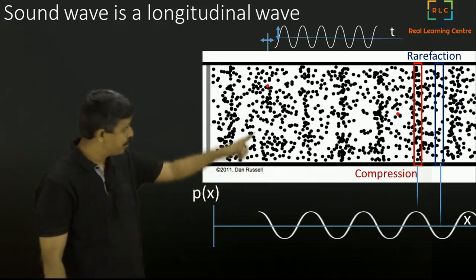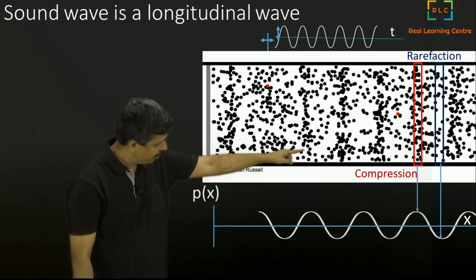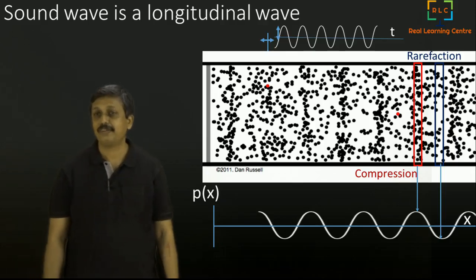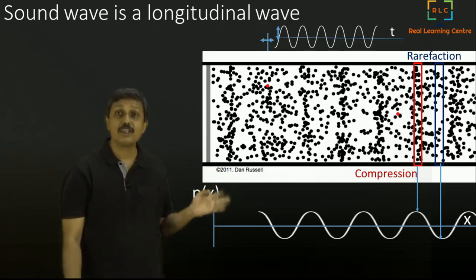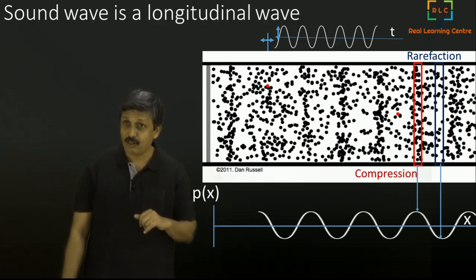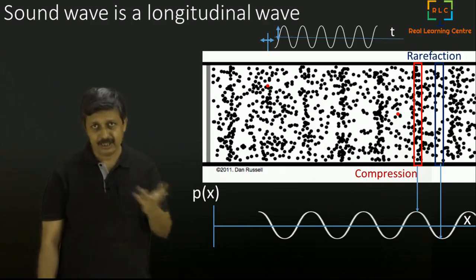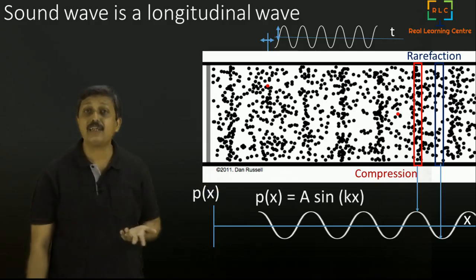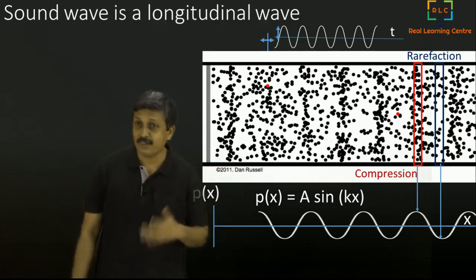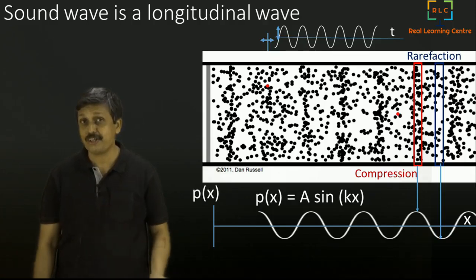You can see that the compression point is at the peak of the pressure, and the rarefaction point is at the least of the pressure. That is how you can plot. Again we can write a mathematical equation for that. It is basically P of x is equal to A into sine of kx. So this is pressure.